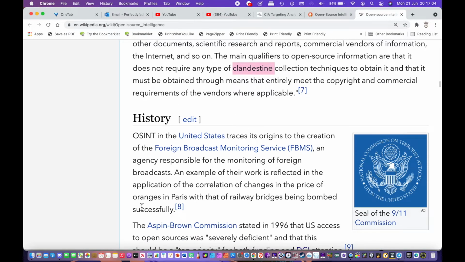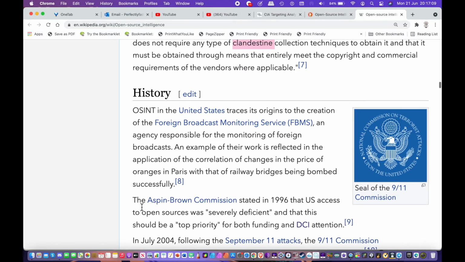Okay, history. OSINT in the United States traces its origins to the creation of the Foreign Broadcasting Monitoring Service, FBMS, an agency responsible for the monitoring of foreign broadcasts. An example of their work is reflected in the correlation of changes in the price of oranges in Paris with that of railway bridges being bombed successfully.